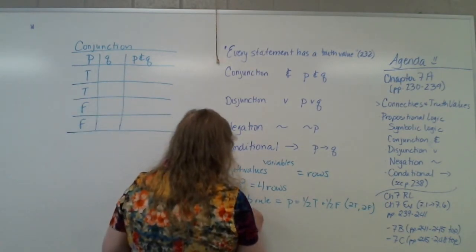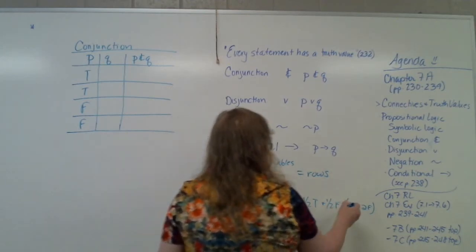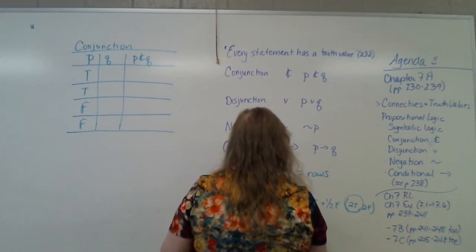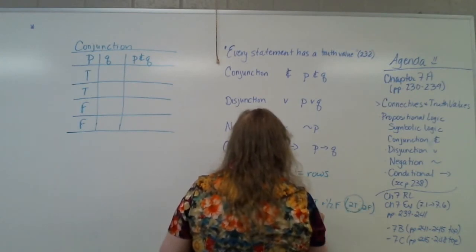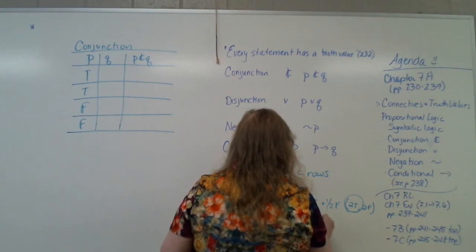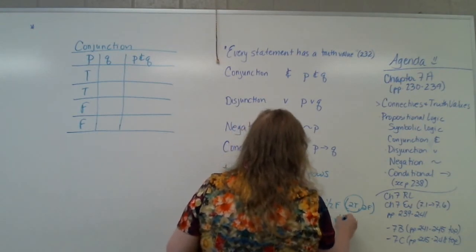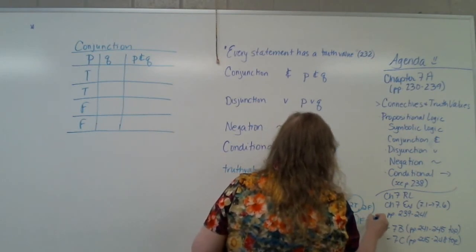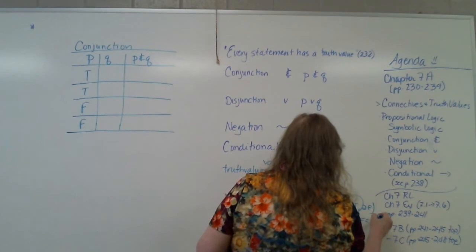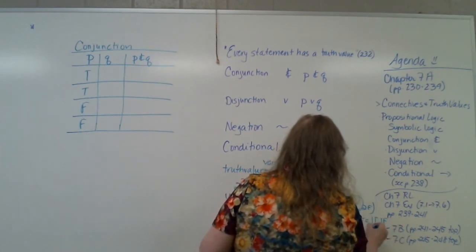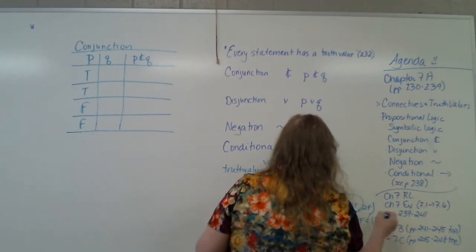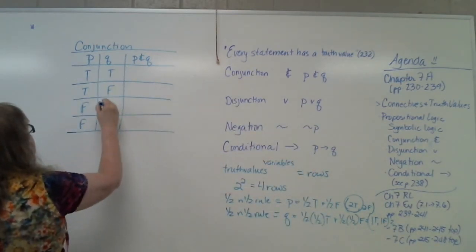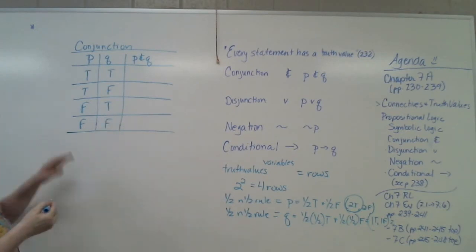Q is half of a half: 1 true, 1 false, together times 2. So 2 sets, basically. True, false, true, false. So I have 4 rows.